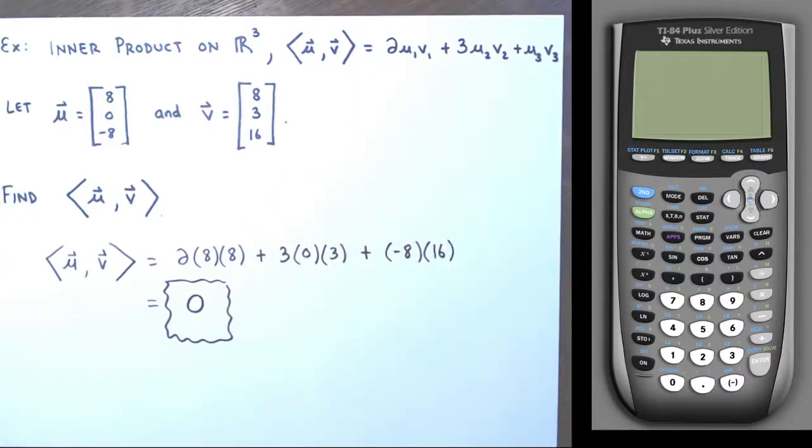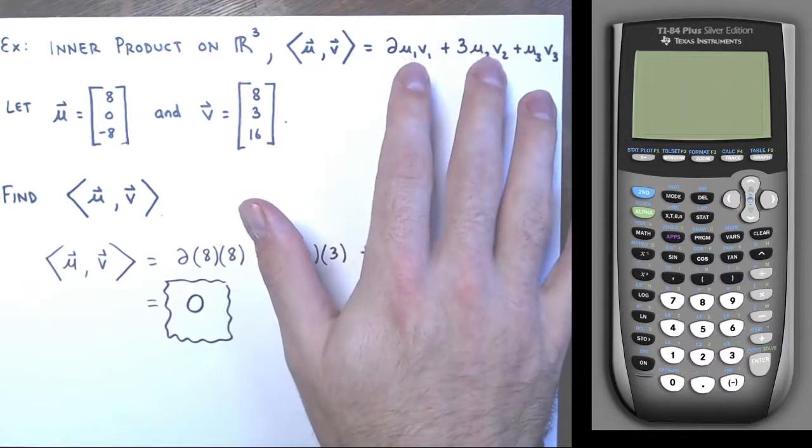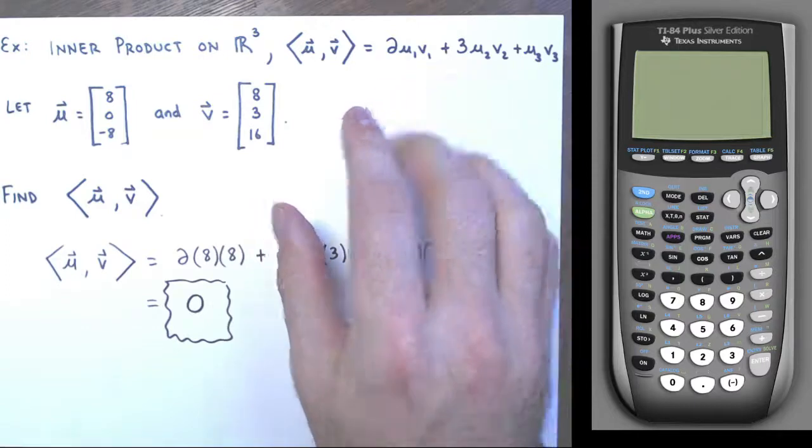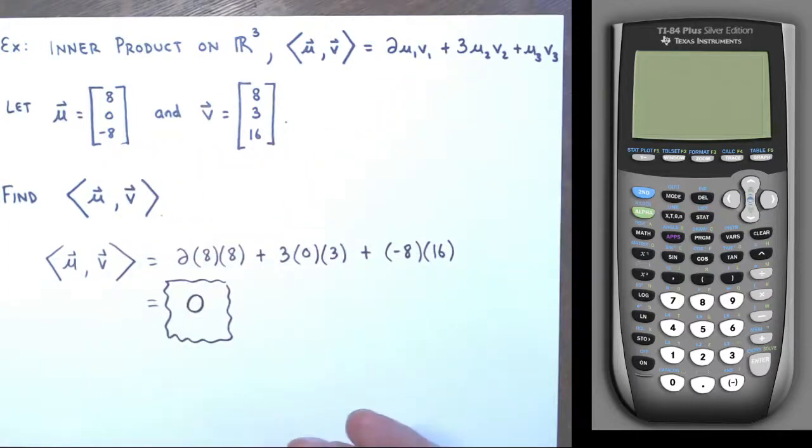You might say, hey, if you looked at these in R3, those don't look like they form a 90-degree angle. Well, not under the regular dot product, they don't. But under this particular inner product, they are considered orthogonal, even though they aren't necessarily perpendicular. The word orthogonal is going to simply mean the inner product is 0.